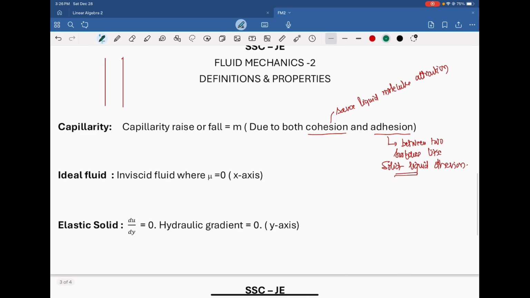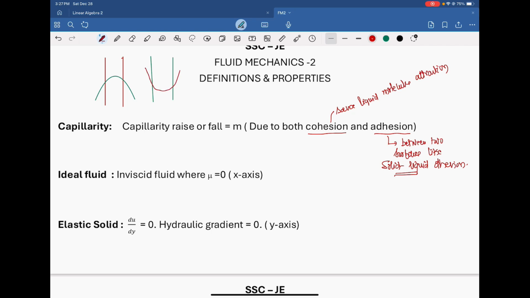In case of capillarity, you take some liquid in a tumbler and put a glass tube inside the tumbler. The shape of the meniscus will be either like this or like this, depending upon which type of material and what type of liquid you are using.